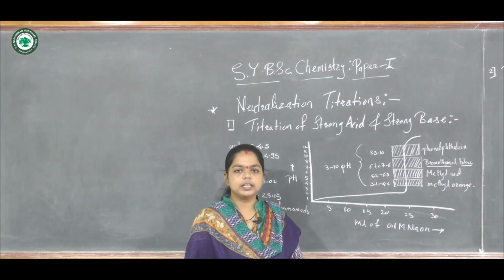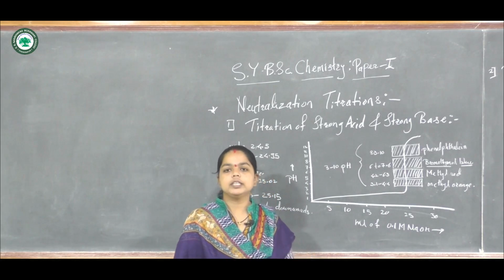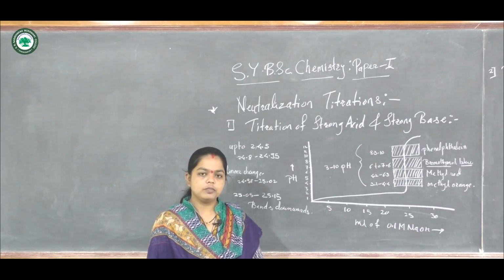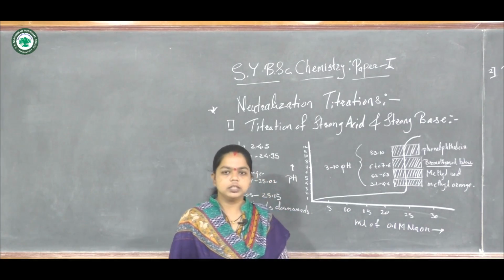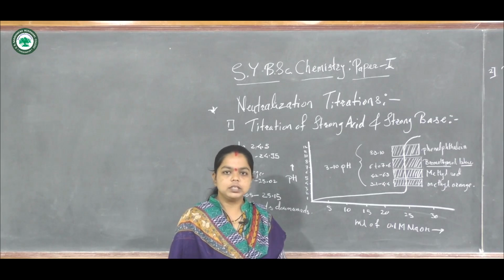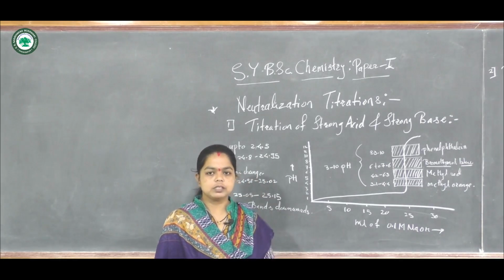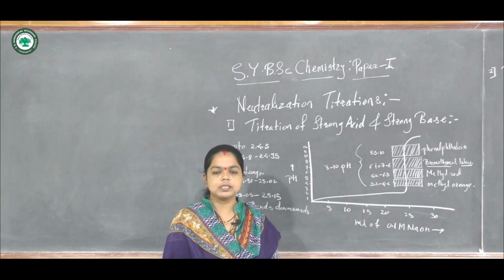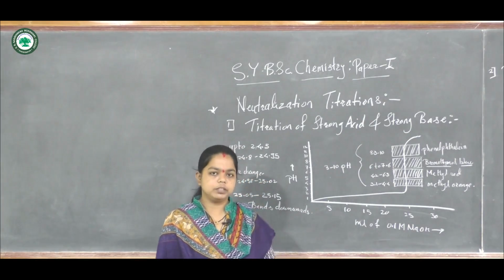What type of indicator is suitable and proves the best for the titration, what are the changes in pH shown in the graph, and further, the concentration of the mixture, or the H plus ion concentration or acidity, can be calculated at different pH.